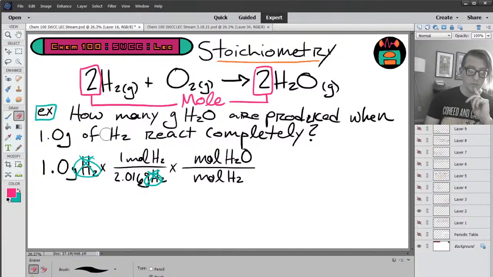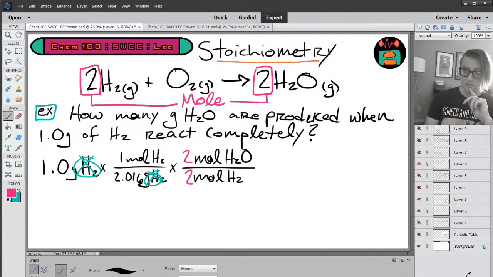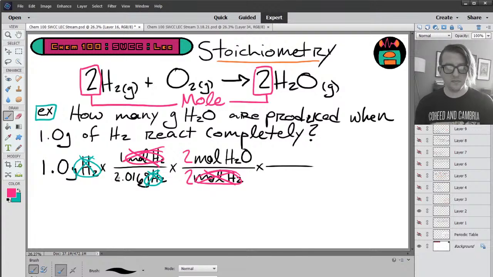So 2 moles of H2 produce 2 moles of H2O. Moles of H2 cancel moles of H2, leaving us with moles of H2O.